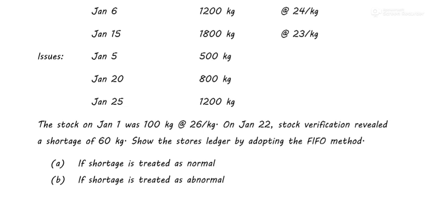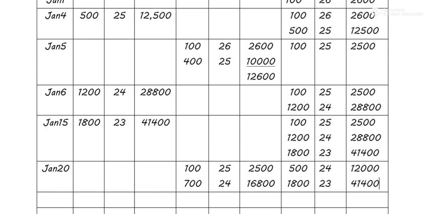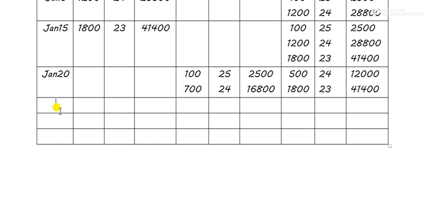Now on 22nd Jan, stock verification revealed a shortage of 60 kg in the stores. We are doing part A, if the shortage is treated as normal. In the last class I told you that if the shortage is treated as normal, we just write the units and leave the rate and amount column blank.